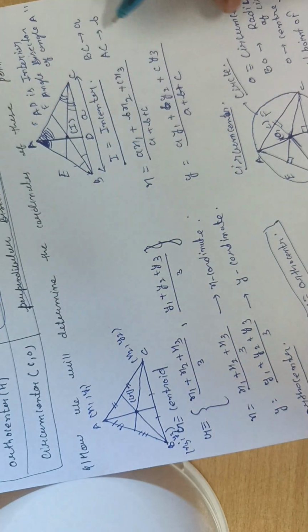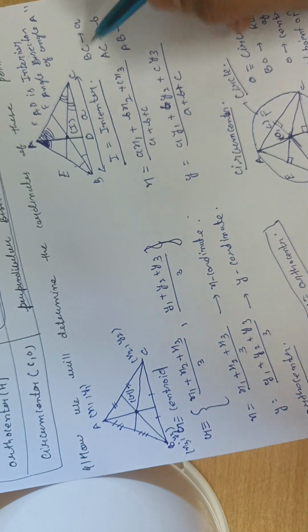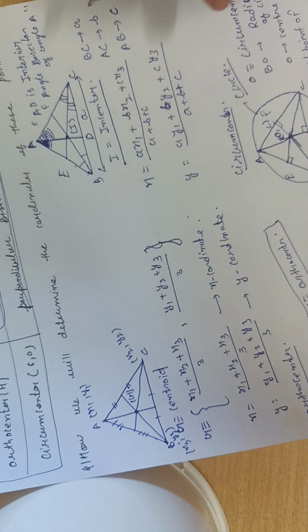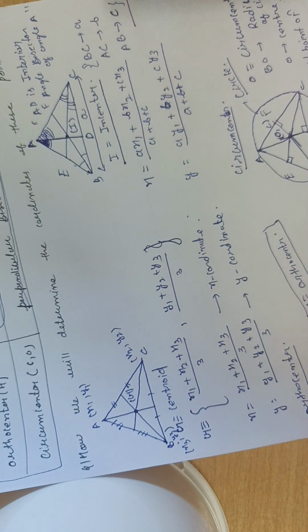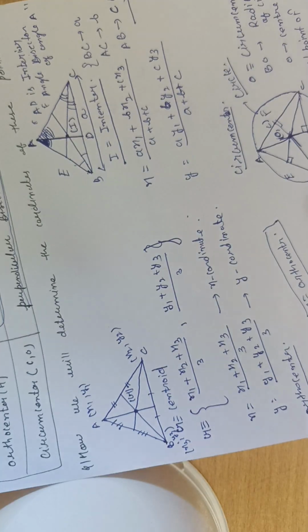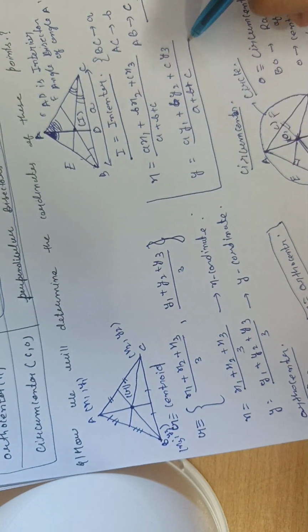The length of AB, which is opposite to C, we denote with small c. And x1, x2 and x3 are the coordinates of the vertices of the triangle. This is the simple way to approach it. Now this is the formula to determine it.